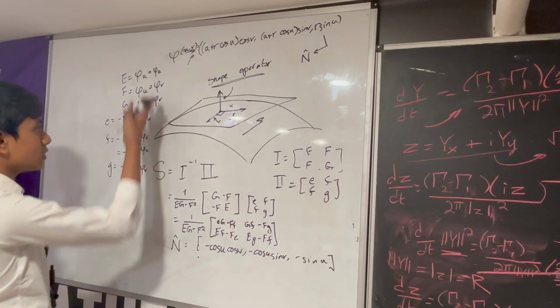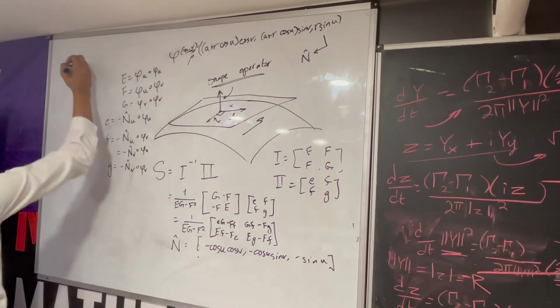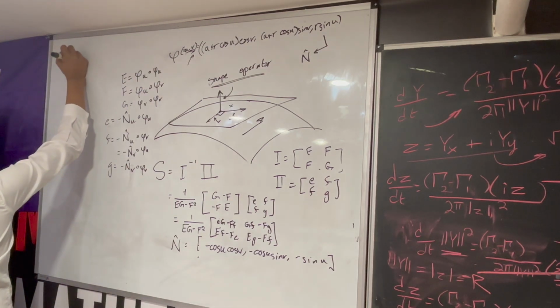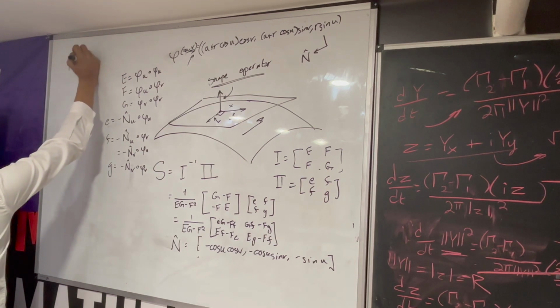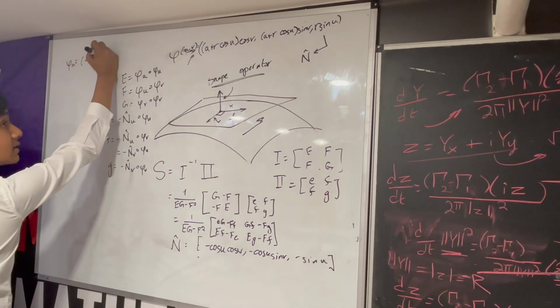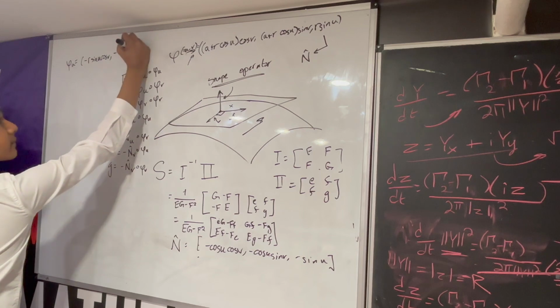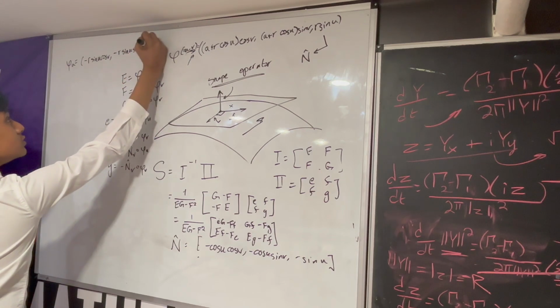Okay, good. So now, let's calculate each of these. First of all, we have to rewrite phi u and phi v again. So phi u is minus r sine u cos v, minus r sine u sine v, r cos u.